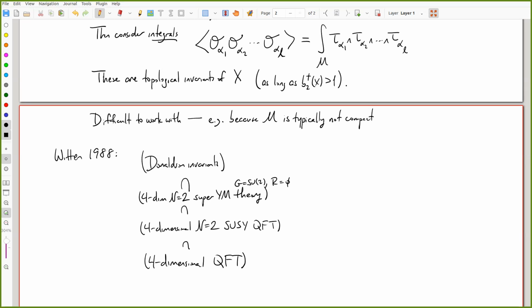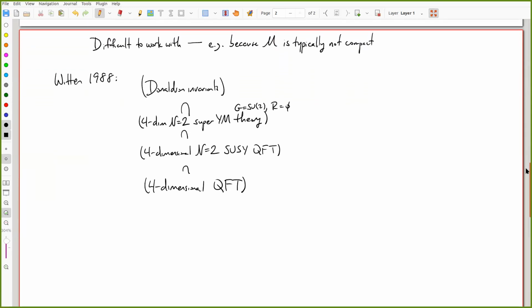And at first, it won't be clear why this helps. In fact, at first, it doesn't help. Just knowing that it's part of a supersymmetric quantum field theory doesn't right away give you any new way of computing. Maybe I'll already say what the punchline is going to be.